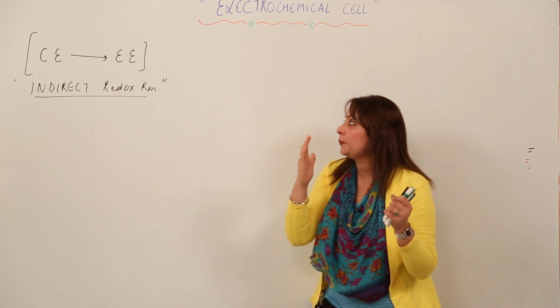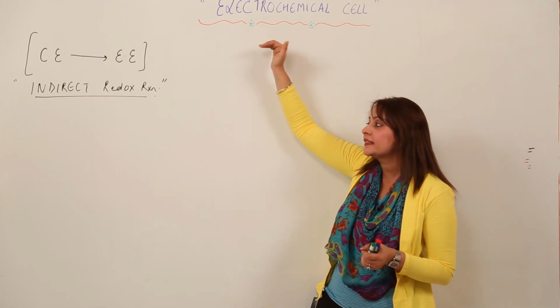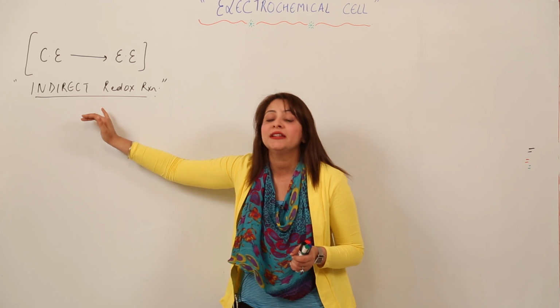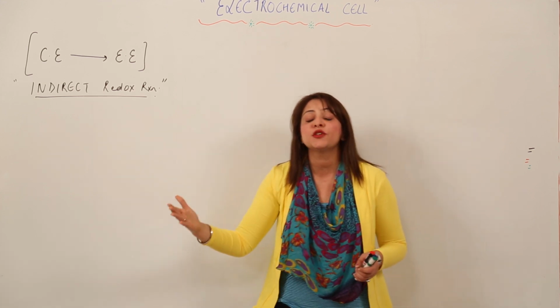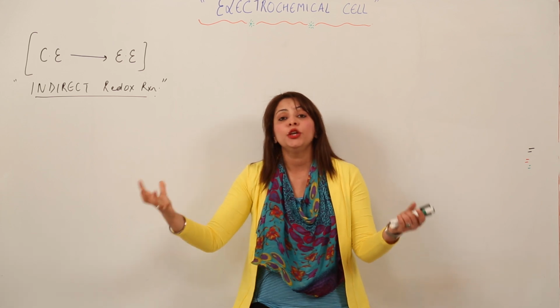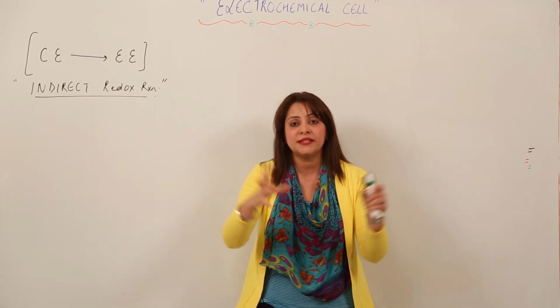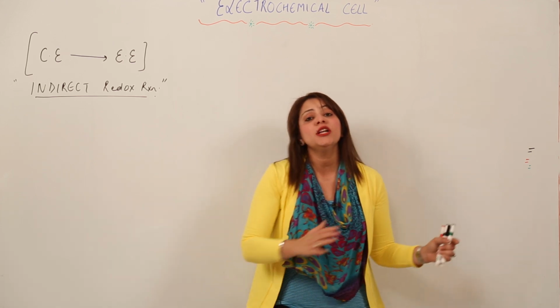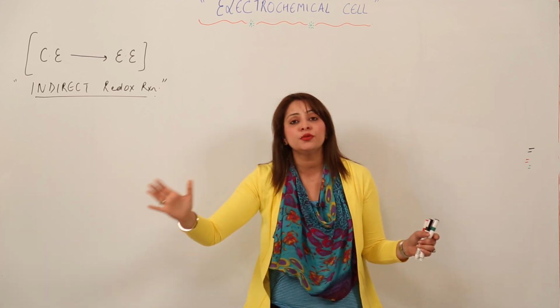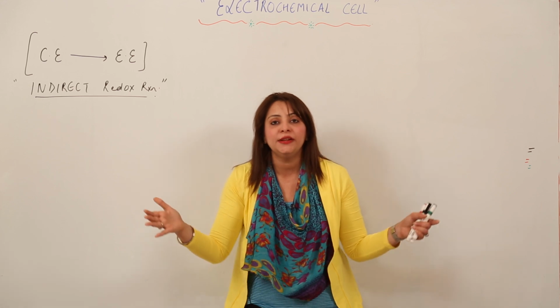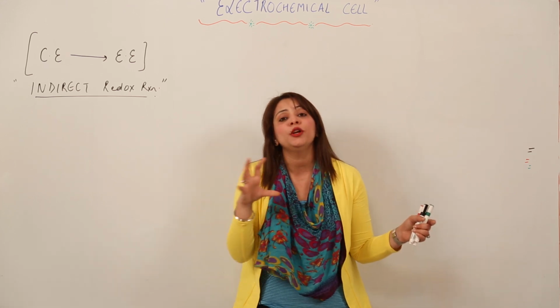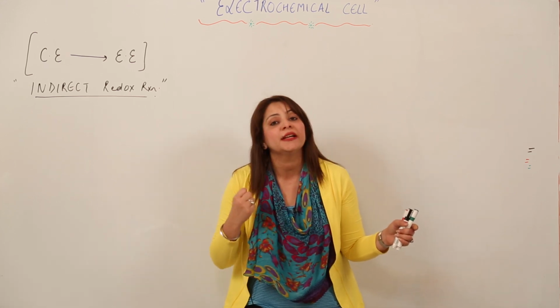So the principle for this electrochemical cell is the indirect redox reaction. That means the atom which will undergo oxidation and the atom which will undergo reduction are not in close contact, they are present far away. So the electrons need to travel a certain distance to reach an atom which needs an electron, and there is a gap between them.